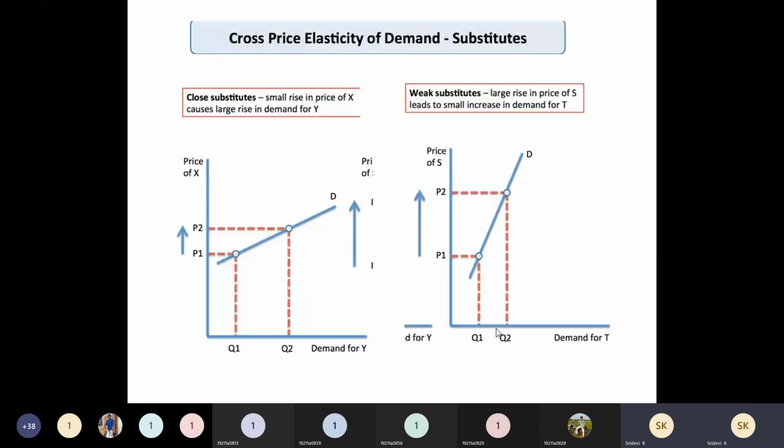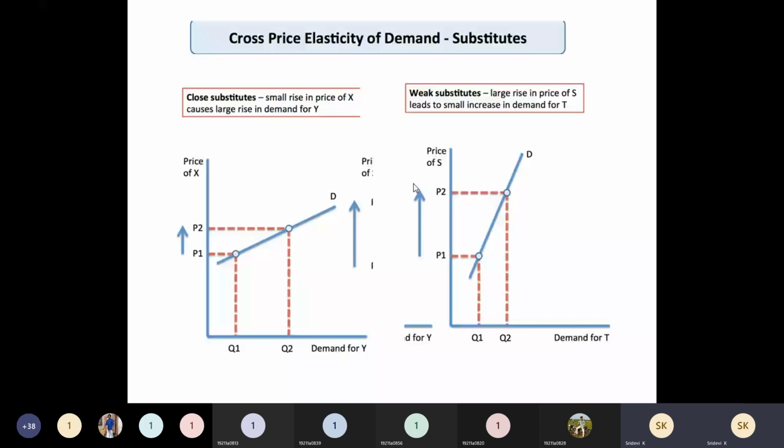If they are not close substitutes, you can increase your price drastically. That means more price can be increased, and that will not affect your sales, right? So you have to identify whether the substitutes available in the market are very close to our product or not. Based on that, we can take this decision.